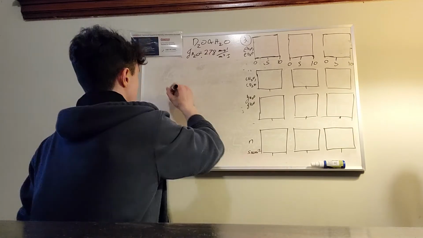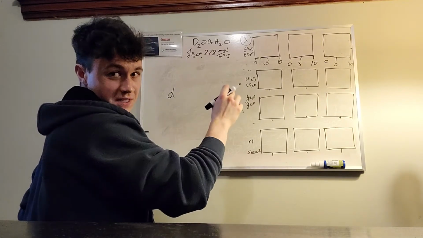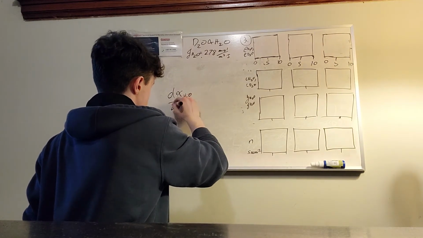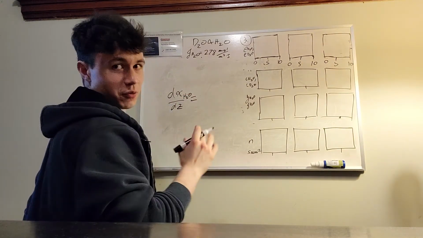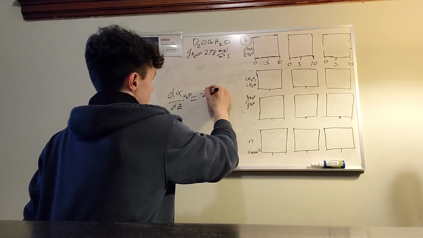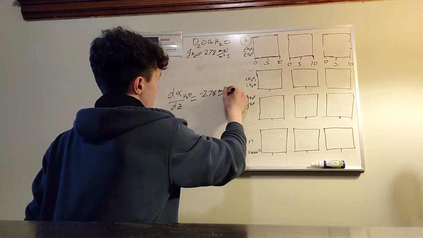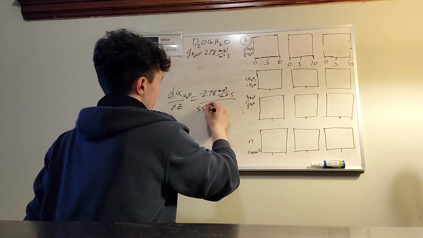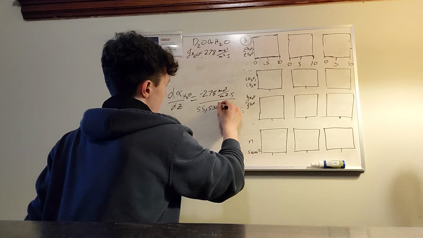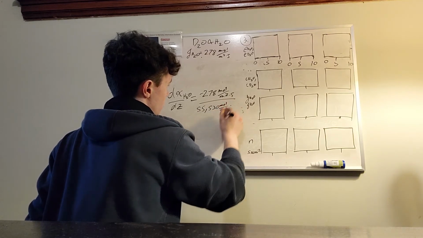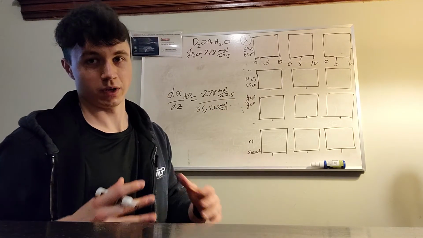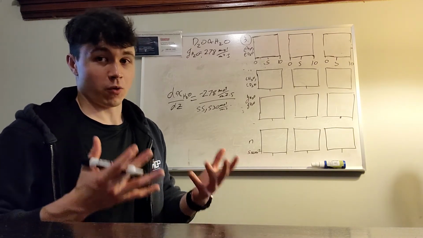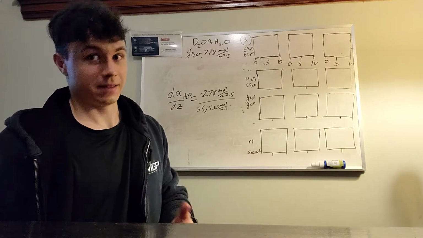And so, approximately speaking, the driving force in this case is negative 2.78 moles per meter squared second divided by 55,530 moles per meter cubed, multiplied by the general magnitude for the diffusivity of a liquid, which is 10 to the negative 9th.